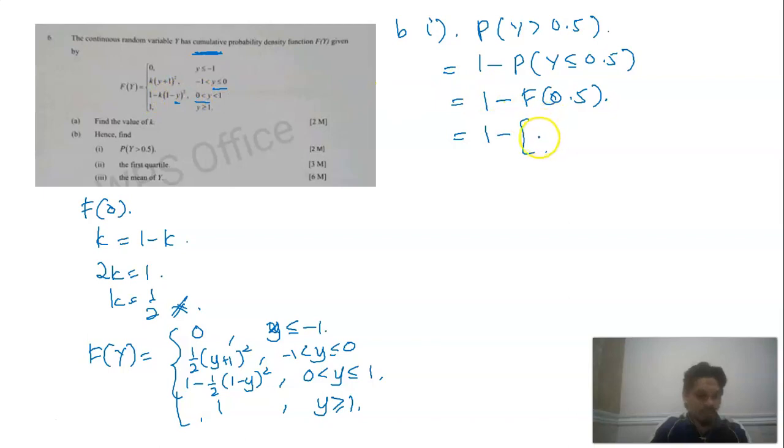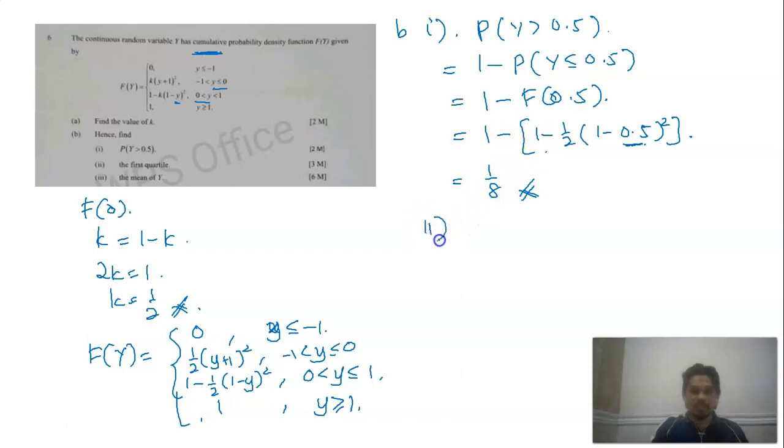So it is now 1 minus 1 over 2 times (1 minus 0.5 squared). So then it is now 1 over 8. Simplify this until you get 1 over 8.